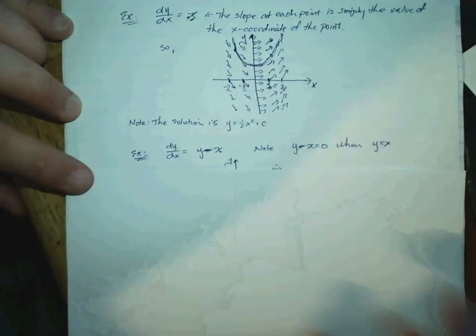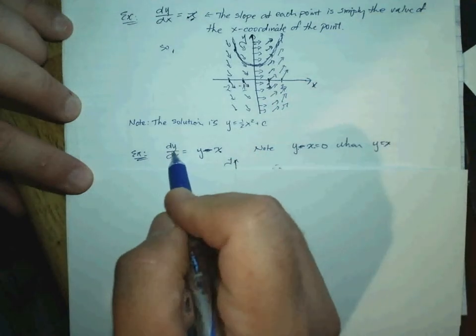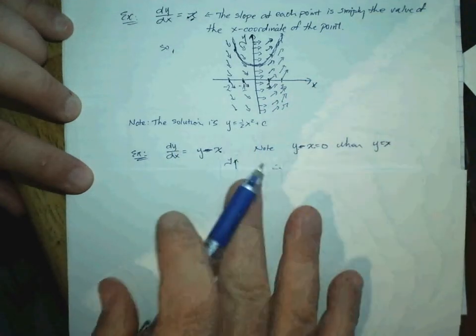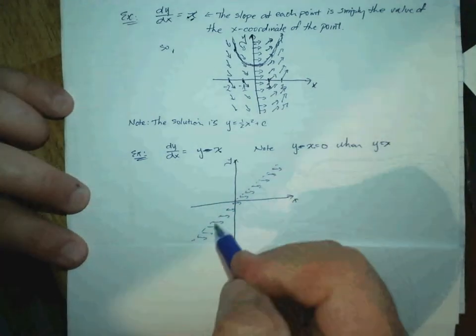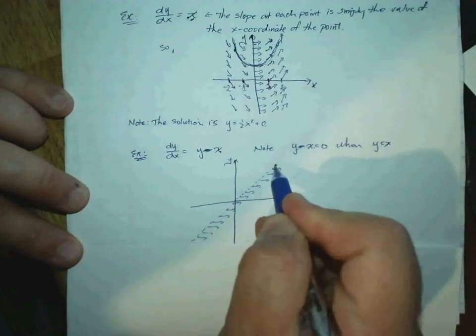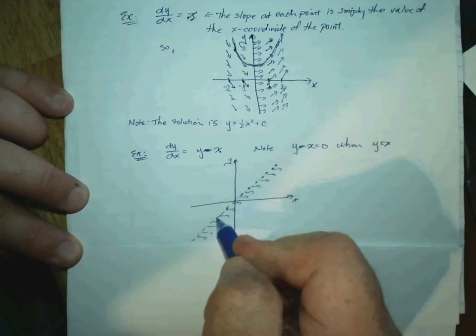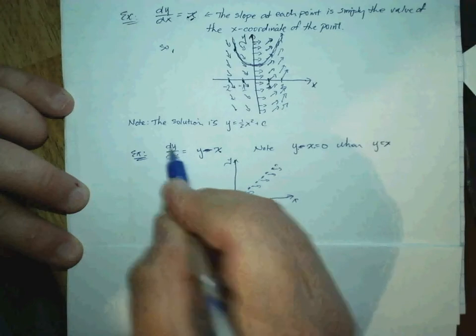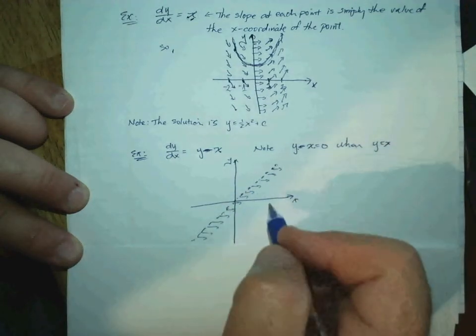That gives you that the slope of this curve y is 0 along the line y equals x. And I've indicated that here on our direction field. Here's the line y equals x, all these points where y equals x, and the slope of the curve that is a solution would be 0. So we draw horizontal lines, lines with slope 0.